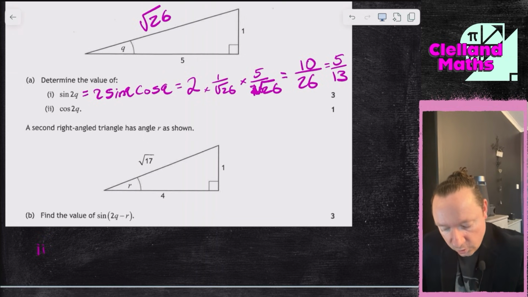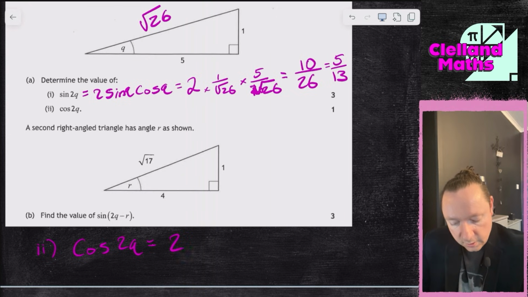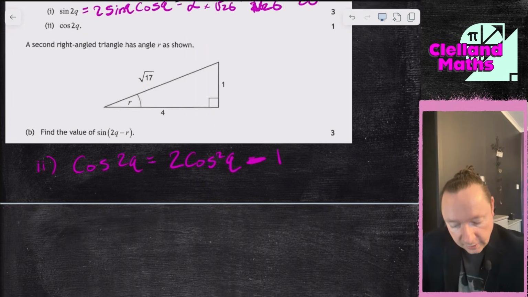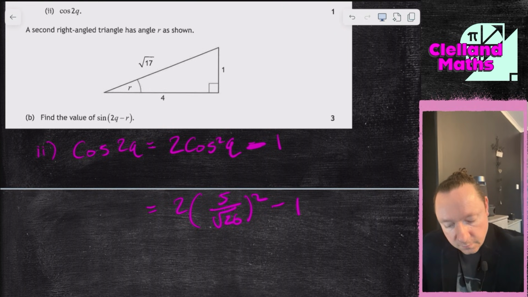Part 2, cos 2Q. Well, there's 3 formulas at the start of the exam paper, but I'm just going to use 2 cos squared Q minus 1 because it's the easiest one for me to use at the moment, I think. So cos Q we already have worked out is 5 over root 26. So that's 2 times (5 over root 26) squared minus 1.